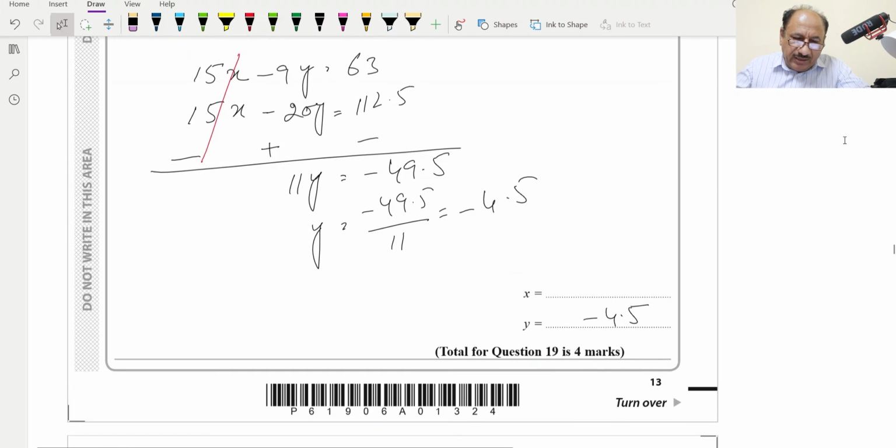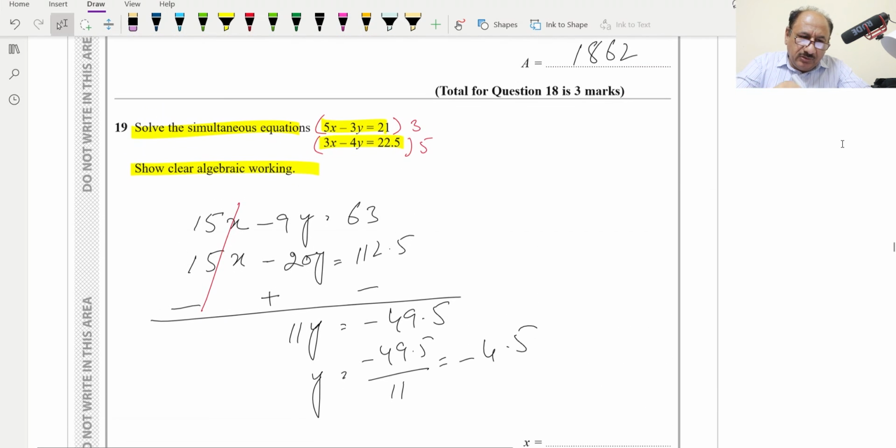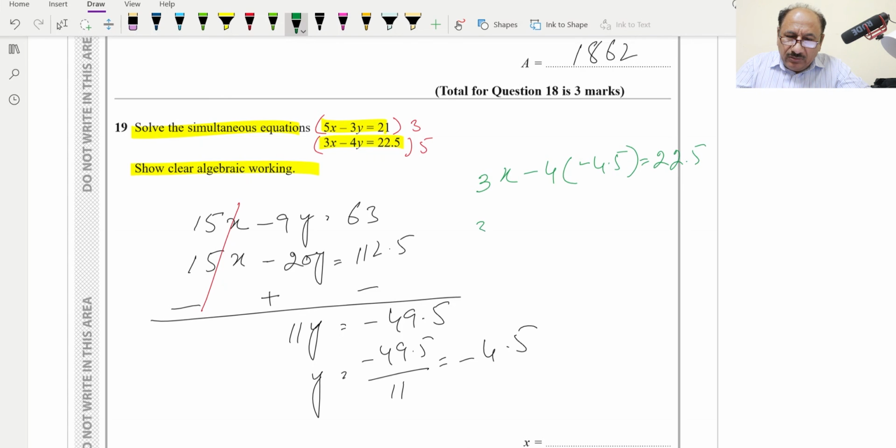Now we can find x value. In any of the equations we can replace y value. I'm replacing in the second one. So 3x minus 4 into minus 4.5 is equal to 22.5. Now we can open the brackets.